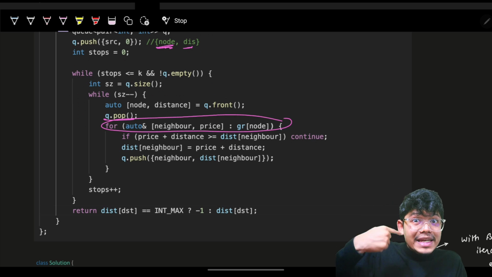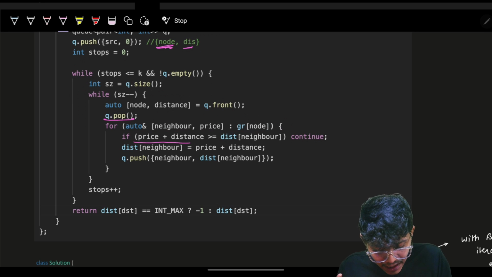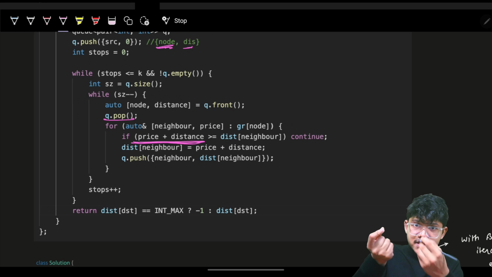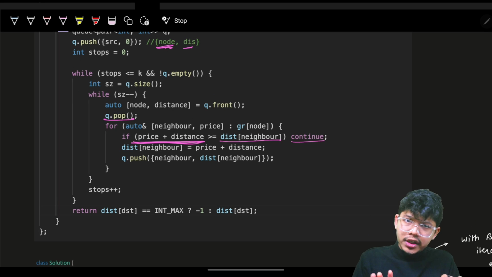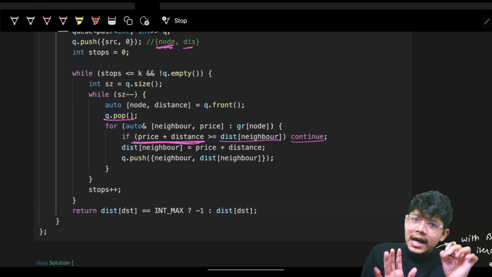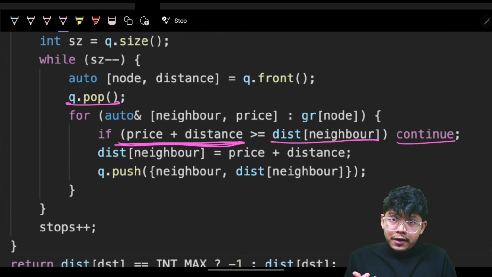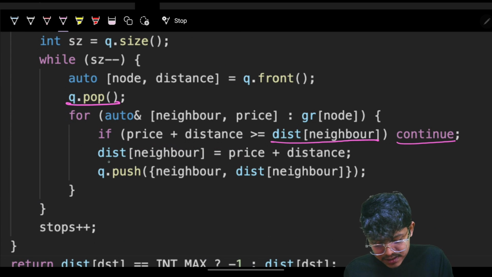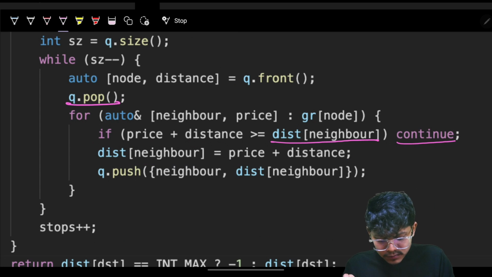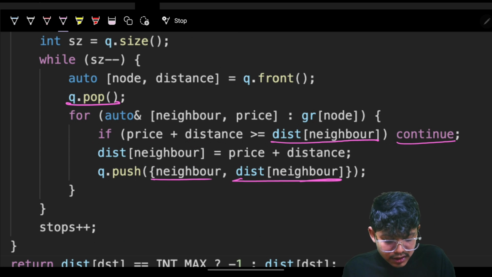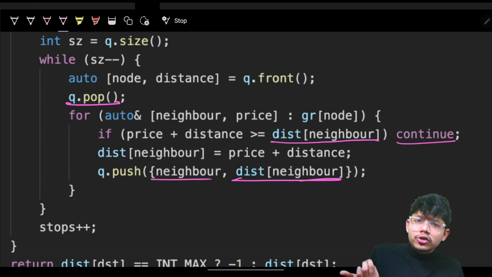You have to minimize the distance. So check if the upcoming price plus distance is more than the existing distance of the neighbor, then continue, because I have to minimize it, I don't have to increase it. And if it is not continued, which means it is less, simply update the distance of your neighbor by price plus distance and push that new distance in your queue itself.